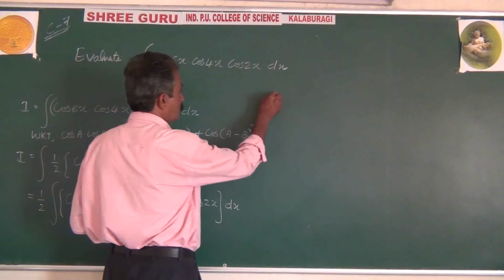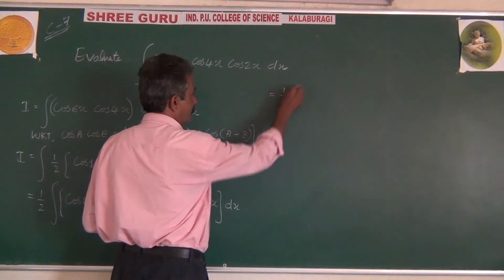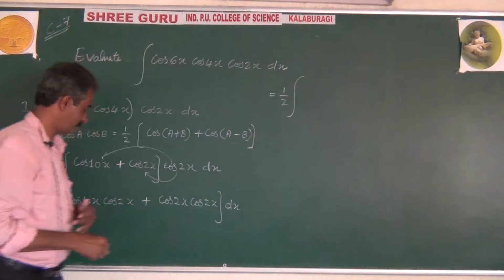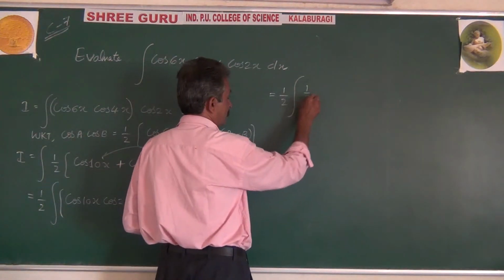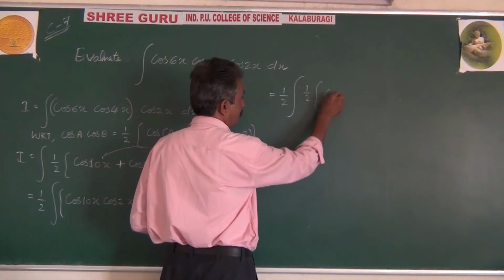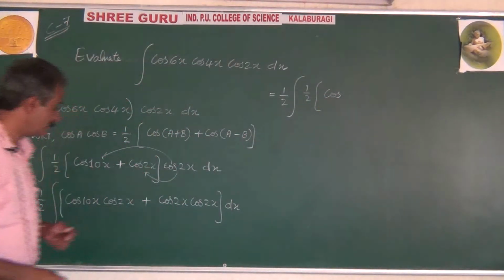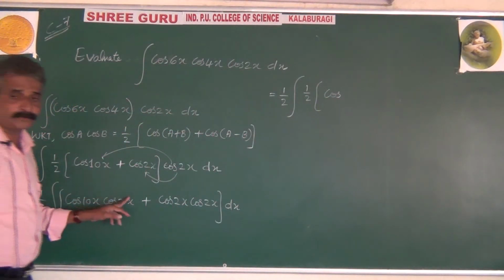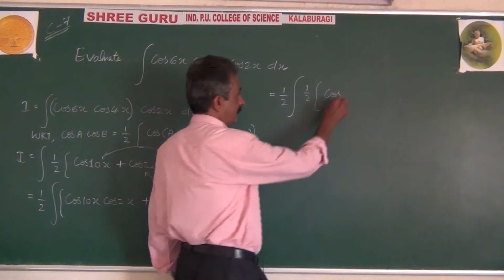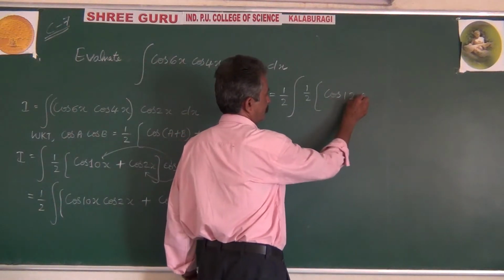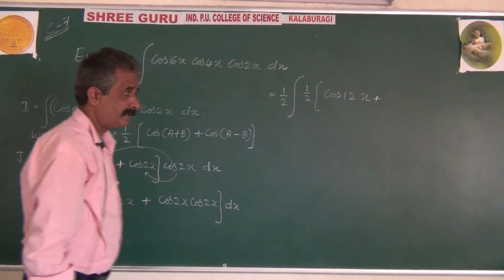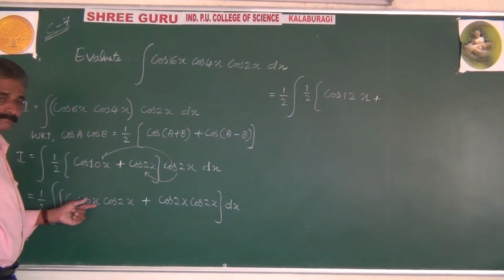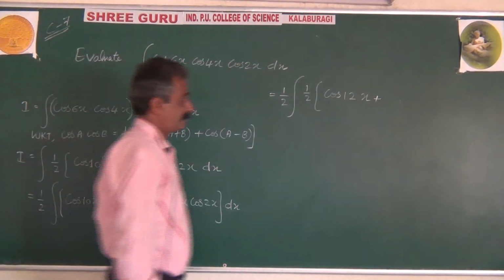That is equal to 1 by integration, bracket 1 by 2 into bracket cos A plus B. What is cos A plus B? 10x plus 2x will be 12x, plus cos A minus B, 10x minus 2x is 8x.